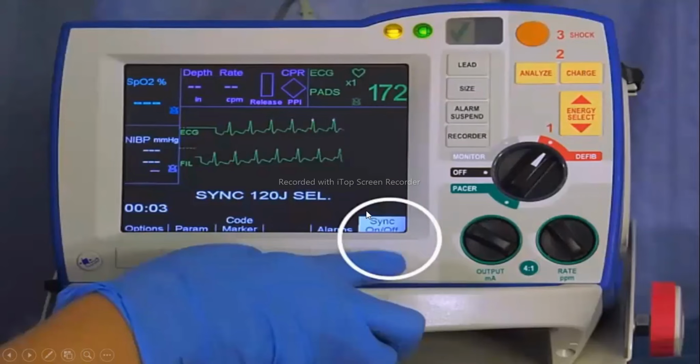So here, if wide complex, you can give synchronized. You have to put the button here on synchronized mode. And you can choose, if wide complex, like this one, you can choose 120 up to 150. If narrow complex, the energy will be 70 up to 120.